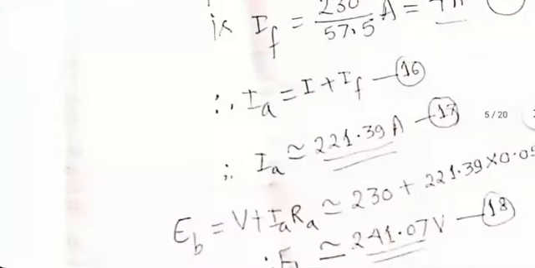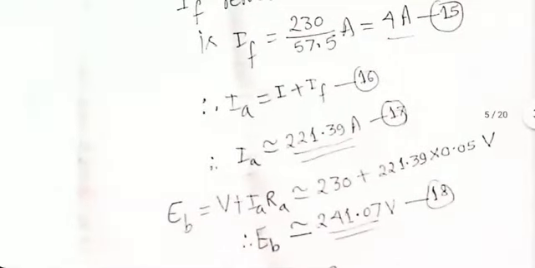So back EMF can be calculated using the same equation with new numbers. It turns out to be 241.07 volt in this case. Same machine has to produce slightly different back EMF based on the load conditions. So essentially, if phi is not changing, then RPM will keep changing a little bit.